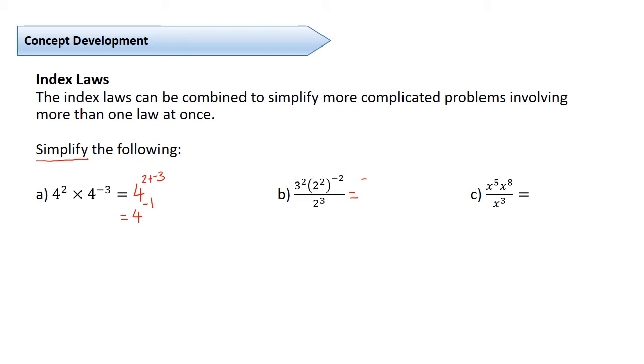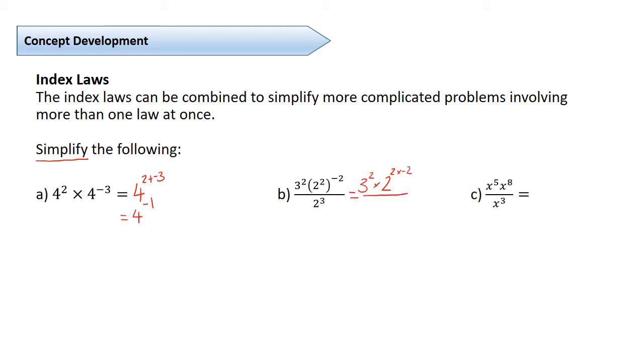So as I said, this 3 to the power of 2, well, there's no other numbers with a base of 3, so it's just going to hang out there. But it is multiplying by 2. Okay, so as I said, I had 2 to the power of 2, all to the power of minus 2. So I have a power raised to another power, which is my multiplicative law. I'm going to multiply those 2.